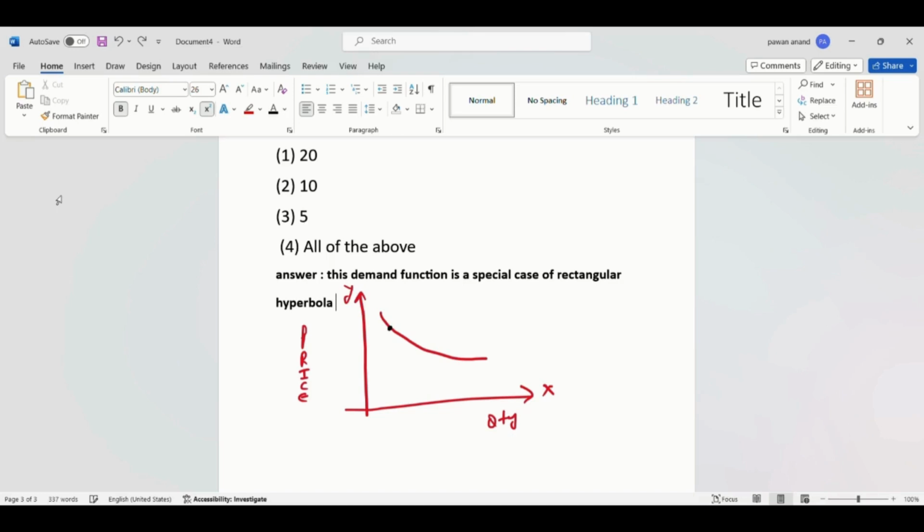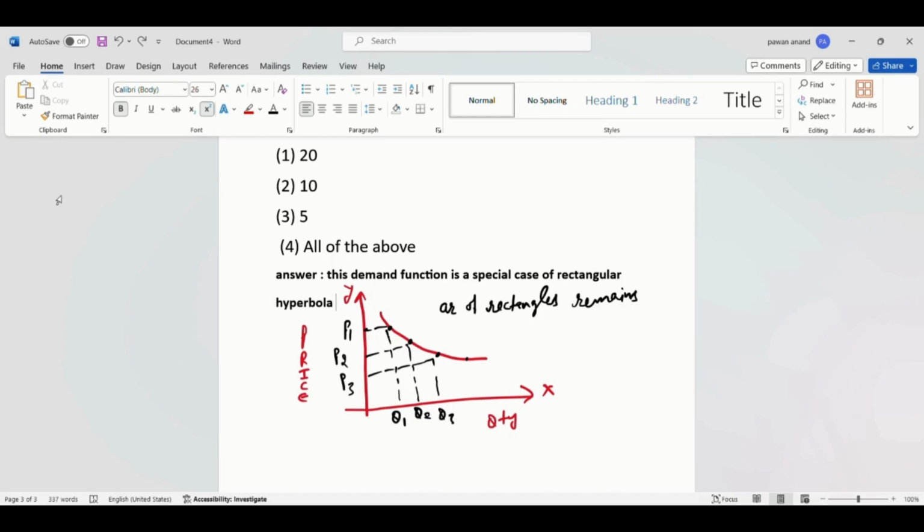If you take any point on this curve and you draw a rectangle by showing the combination of price and quantity, any point, like this first point is a combination of P1 and Q1, the second point is a combination of P2 and Q2, the third point is a combination of P3 and Q3, and if you take the area of these rectangles, area is length into breadth, that is P1 into Q1, the area of the rectangle remains the same.